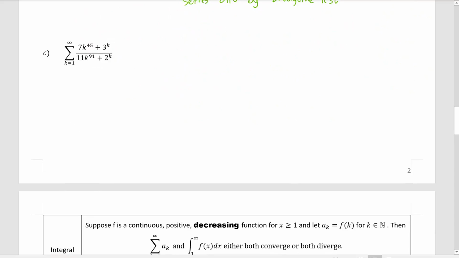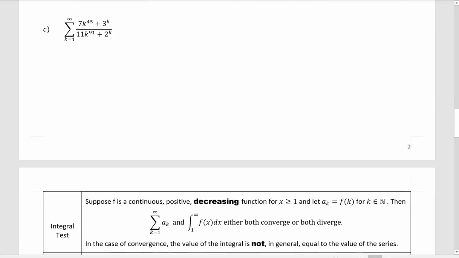Alright, let's continue. First step, the limit as k goes to infinity of a sub k. So this is a sub k. Also be careful, because sometimes when I grade students' homework or exam solutions, I see students write something like this.